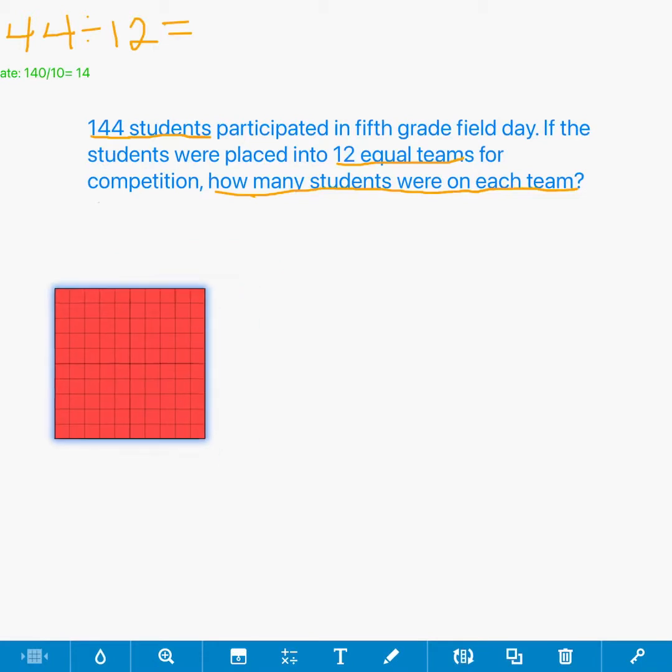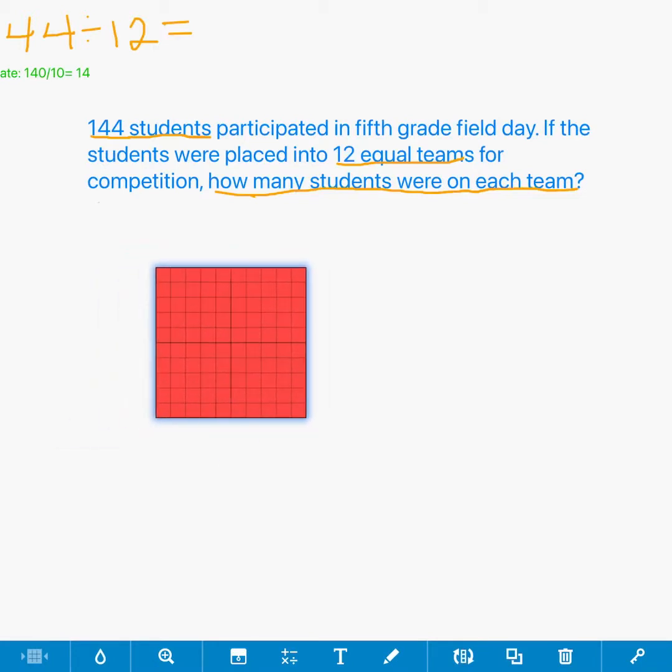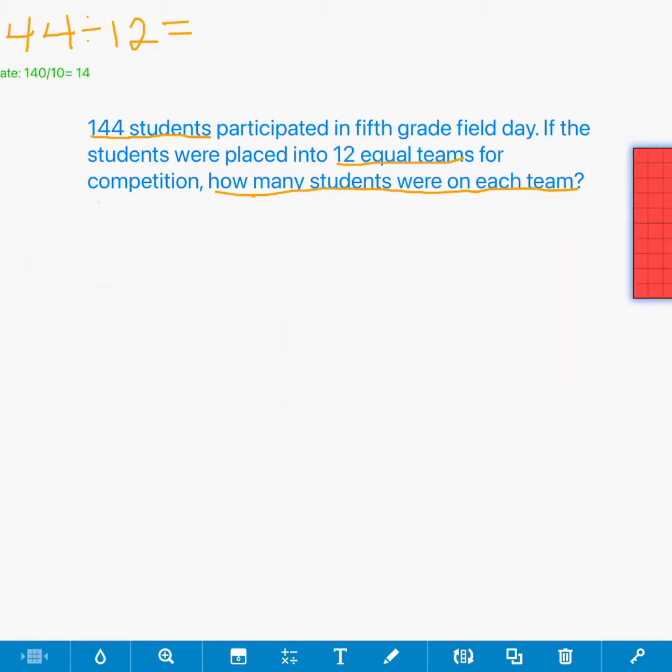So let's see. I am going to, oh, nope, I don't want to do that first. I'm going to go ahead and represent 12 because that's how many teams that I have. So I'm representing 12.